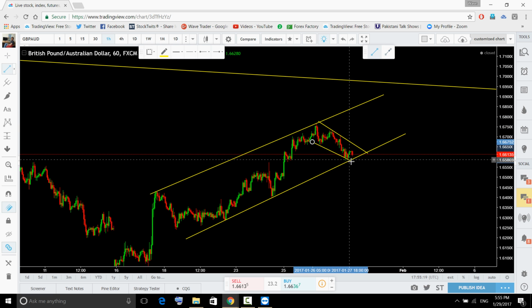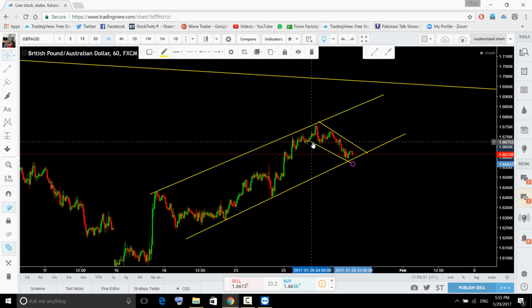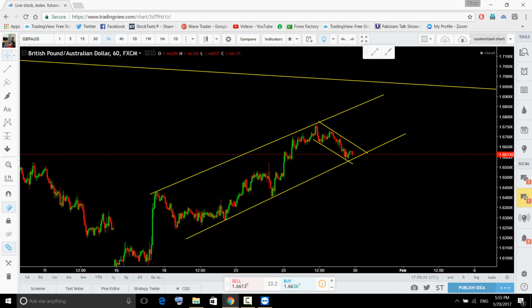All right, okay, you can see the trend continuation pattern was here. Yeah, last time I was anticipating a buy setup here at this place. We didn't get that. Here at this place I was looking for a buy setup, but we didn't get that.